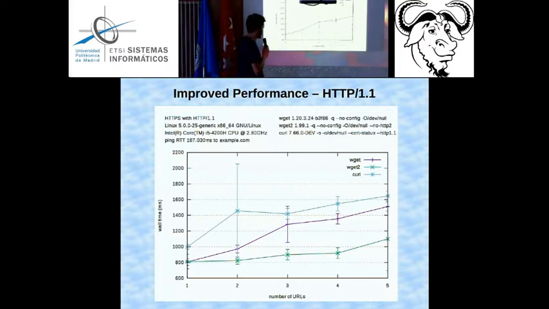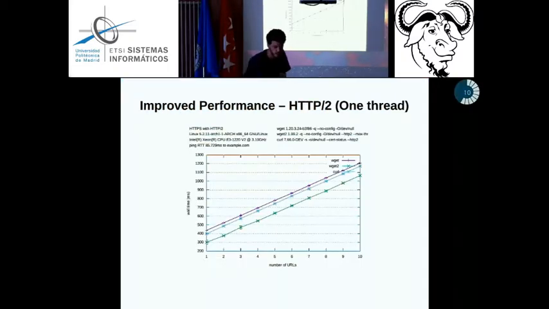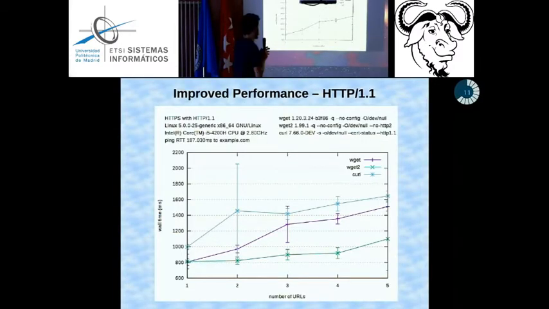Well, this is back to HTTP 1.1, but as you may see, the wall time is highly increased. Here we are at like 300, and here we are at 800.